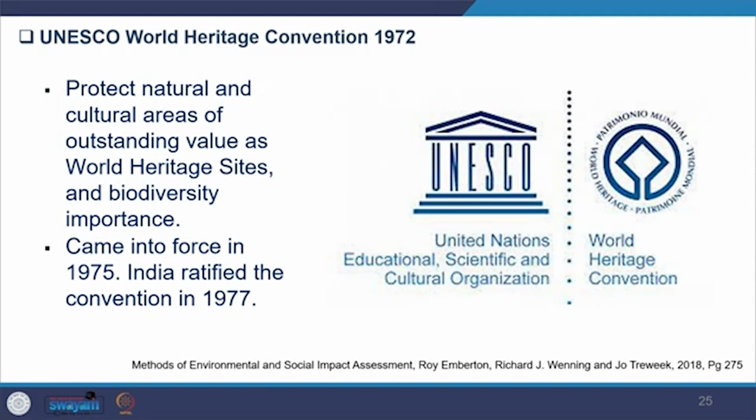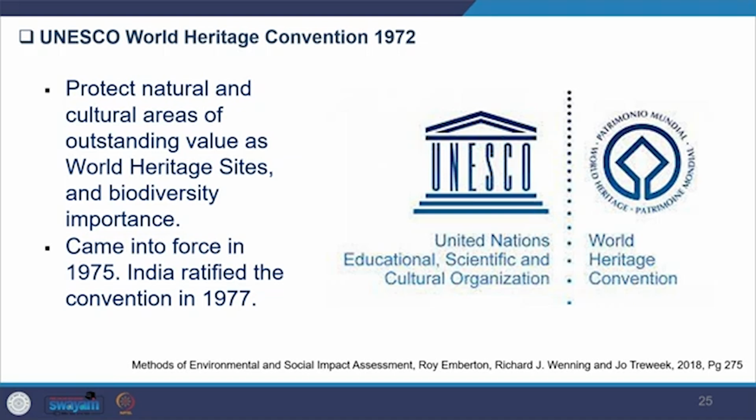Further, we also see UNESCO World Heritage Convention 1972. The convention targets to protect natural and cultural areas of outstanding value as World Heritage sites. You can see some sites identified because of their biodiversity importance.